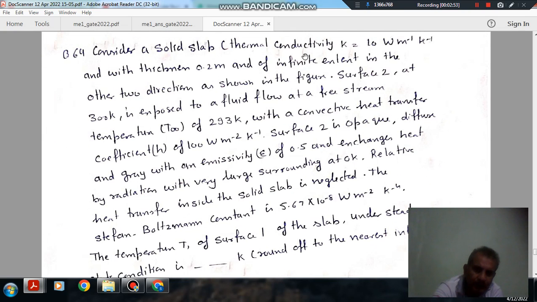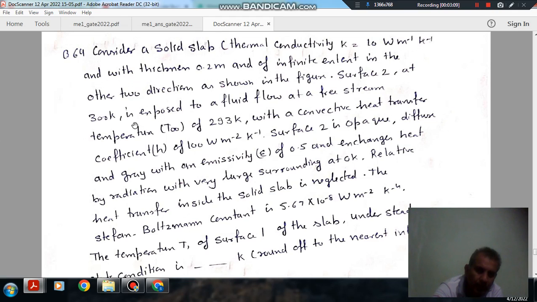Next, consider a solid slab of thermal conductivity K equal to 10 watt per meter per Kelvin, and with thickness 0.2 meter and of infinite extent in the other two directions as shown in the figure.